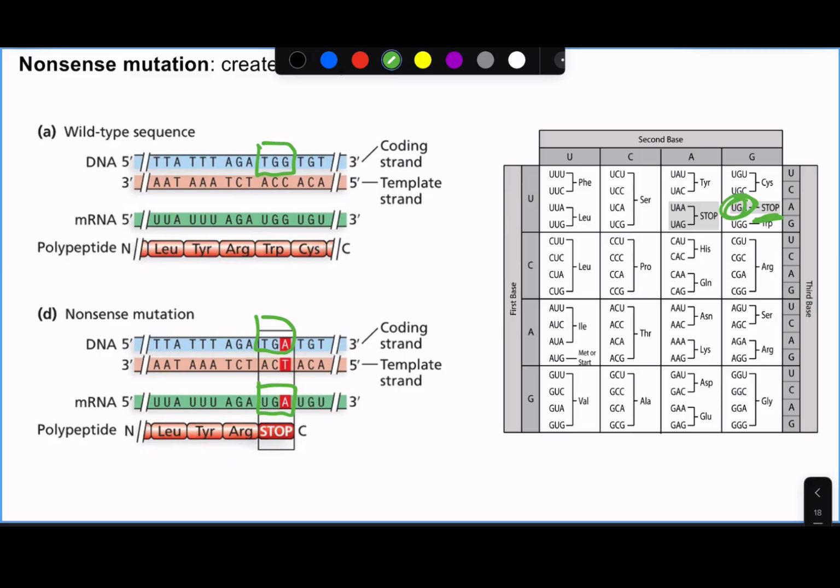And depending on where these nonsense mutations happen in that genetic protein coding sequence of the gene, it may cut your protein short by only a handful of amino acids, or it may stop translation after 2 or 3 amino acids and basically have no protein. Did that make sense? So nonsense mutations, it's easy to think, oh, they have to be detrimental.